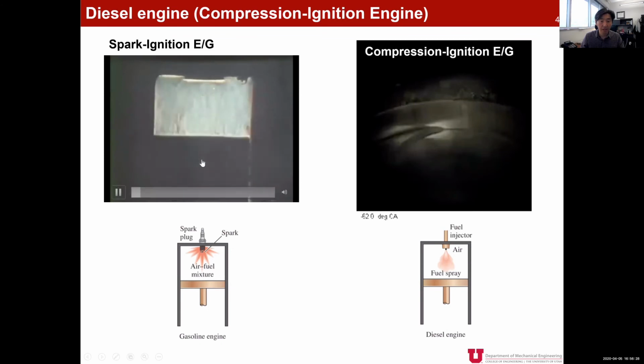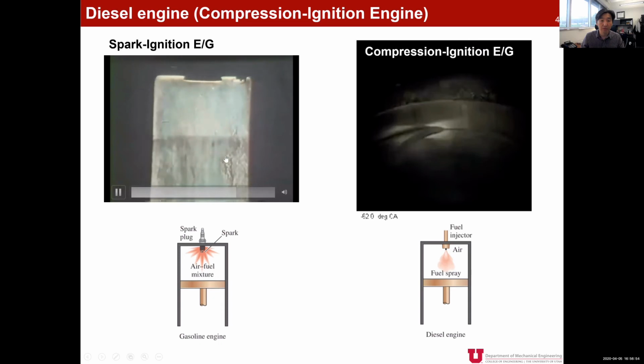That is the intake process. So now we have an air and fuel mixture coming in. Okay, the valve closes. Then the piston should go up. Yes, the piston moves up. And now at the end of compression, spark, the flame propagates from this point all the way through the cylinder.